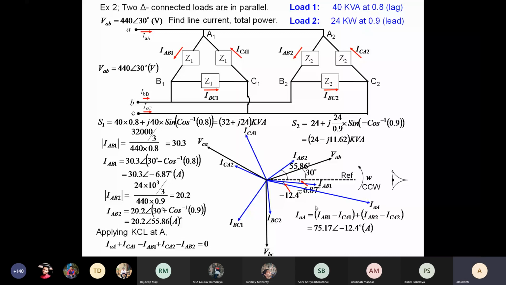And the total power that we did initially is S1 plus S2. The real parts get added, so it is basically 56 plus j12.38 kVA.